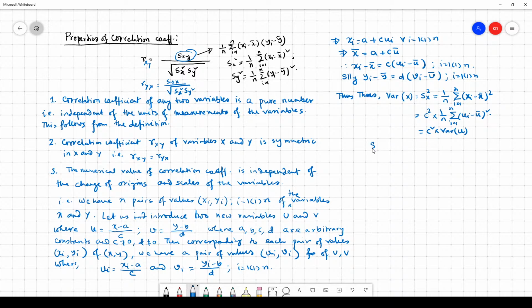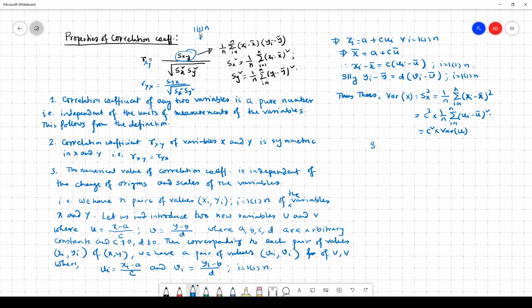Similarly... yes, Shashwat, you are right. One is a shorthand way to represent 1 to n. Actually, this 1 to n means, Shashwat, are you here? Can you hear me? Please see, 1 to n.